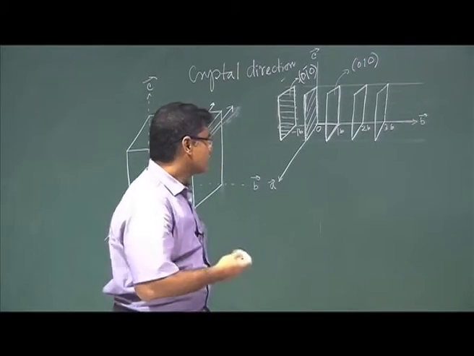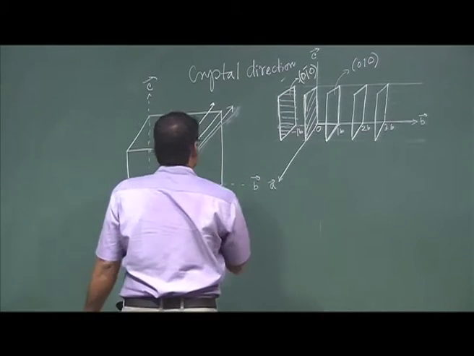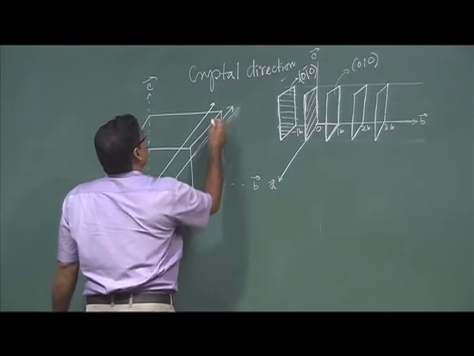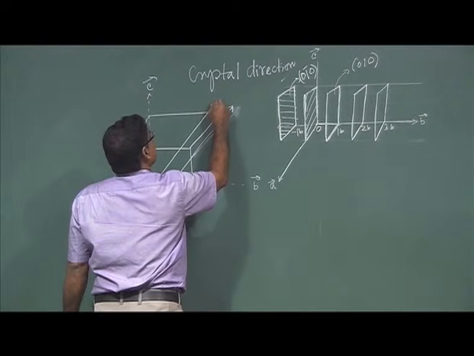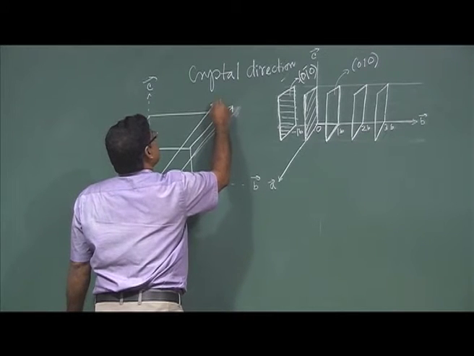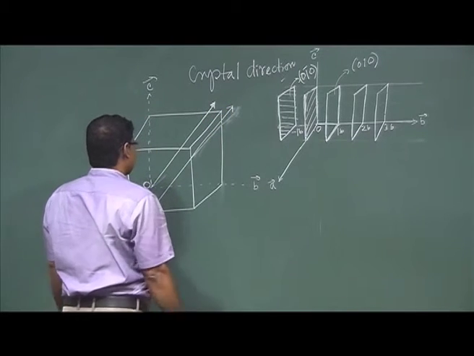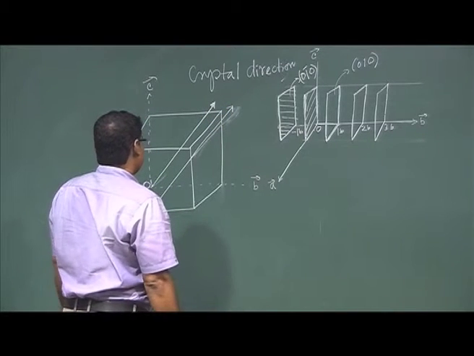So, we use some values to represent the direction of the crystal. So, how to find out those values?